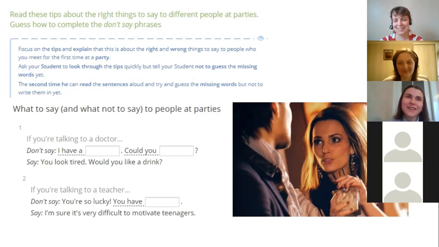Maybe I didn't concentrate on the task. But then when Victoria gave me an example of how to do it, I understood what I should do. So I think that some examples help students to do the task.